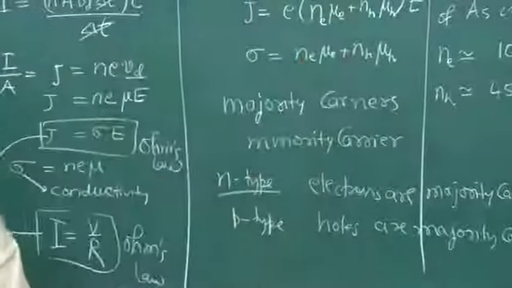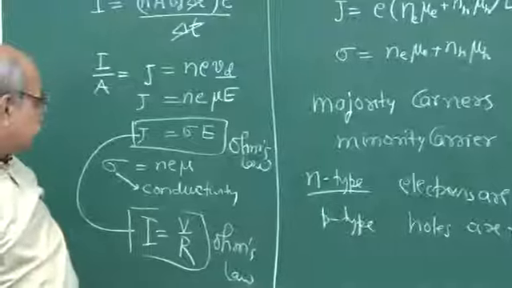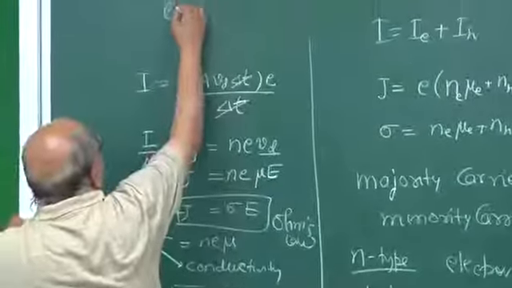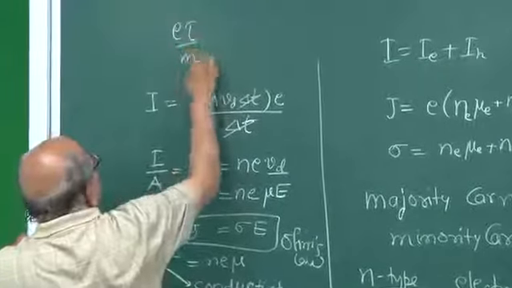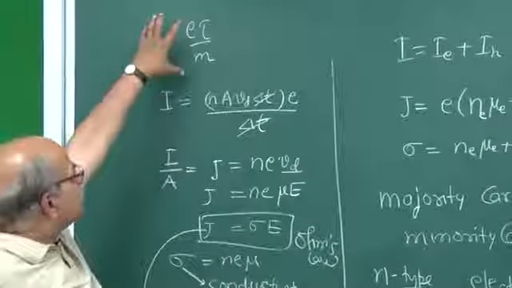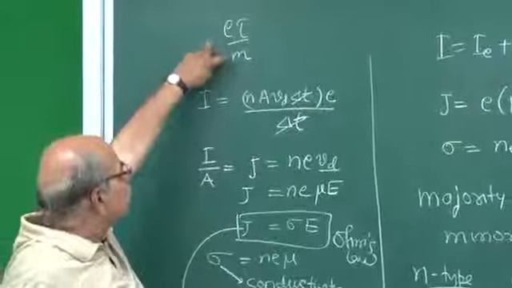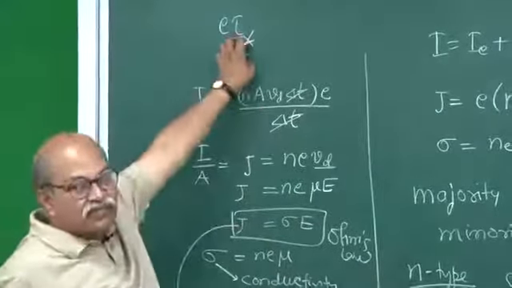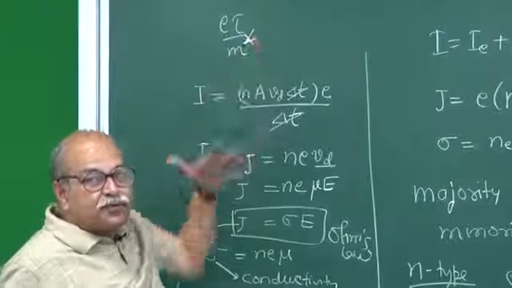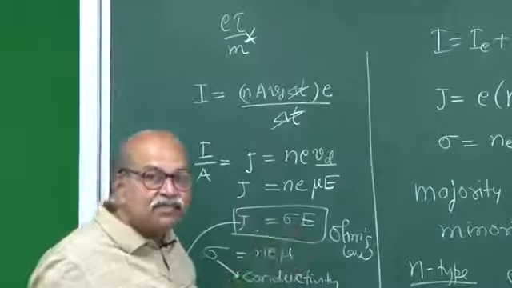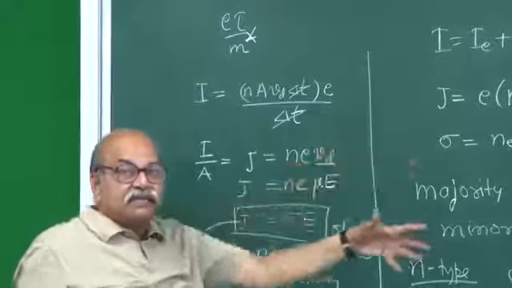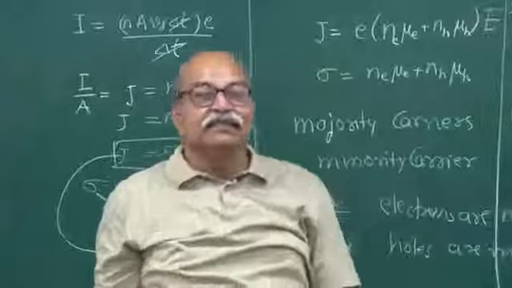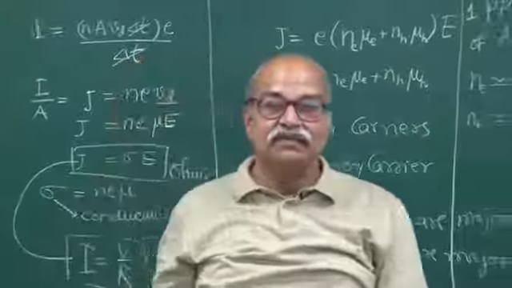So whichever is important, one can take that. And the mobility, once again, for metal we have seen that it is like E times tau divided by m. So of that order you can take that for semiconductor also, but always remember that you will have to put effective mass in place of mass if you want to do some order of magnitude calculations of this conductivity. So that is how conduction takes place in doped semiconductors.